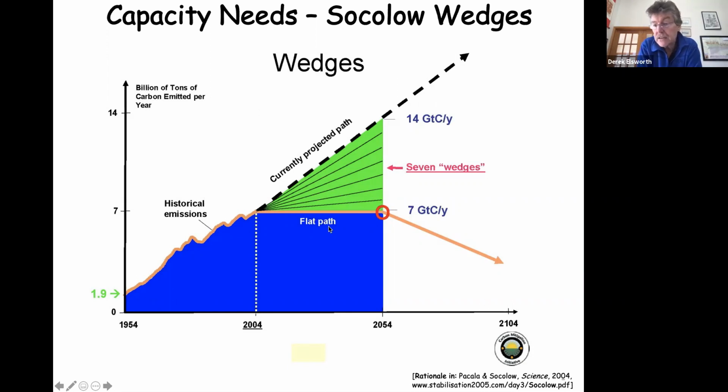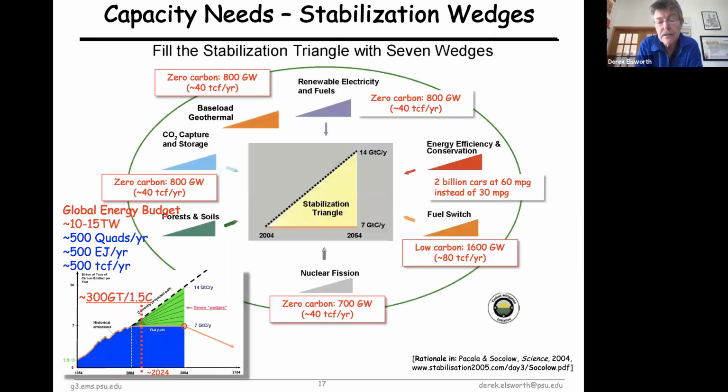So 25 gigatons of carbon that you're removing from emitting into the atmosphere. And to do that, we can get this whole stabilization triangle if we can look at 7 of them. But what the paper was making the point for is that people have a hard time visualizing what 25 gigatons of carbon making up one of these wedges is that we can avoid. And so you have to put it in some terms that people can understand.